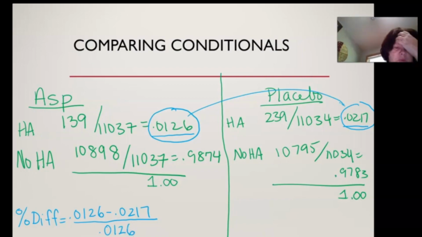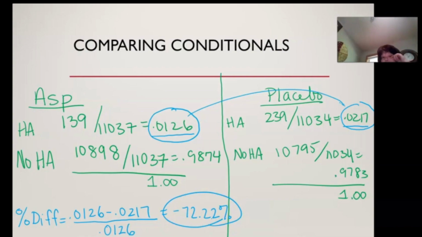So you have the difference between them in terms of the first number. So that keeps the magnitude sort of in mind. So it's first number minus second number over first number. And we're going to get negative 72.22%.